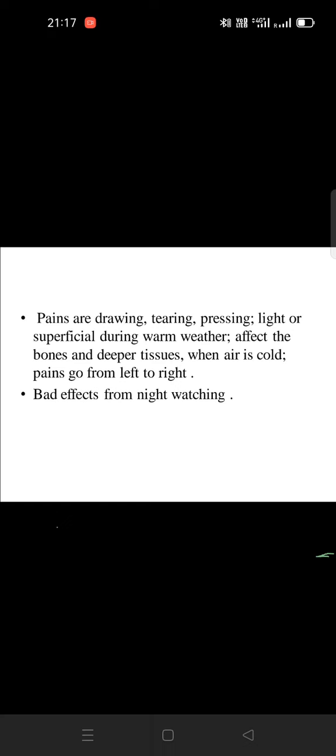Here we can correlate and compare with Lachesis, Thuja and Lilium tigrinum. If we compare with Lilium tigrinum, in case of Lilium tigrinum, there is a mention: affects principally the left side of the whole body.